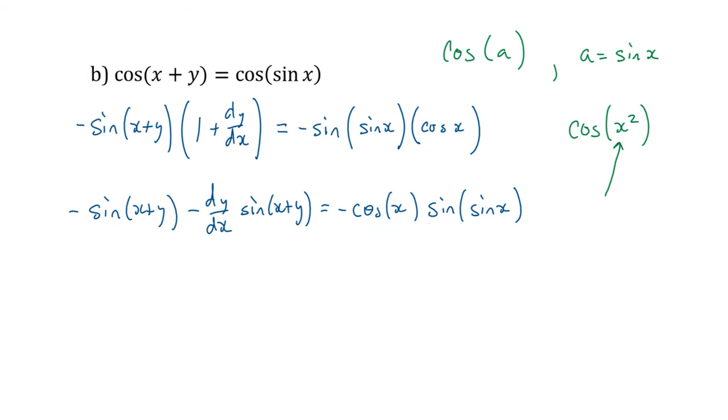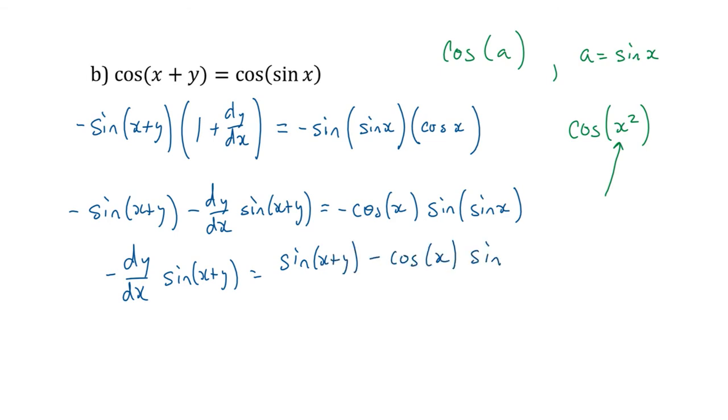And the third trig part is in the angle of one of the other trig parts. Now I can move the negative sine of x plus y to the other side, and I get negative dy by dx sine of x plus y equals, negative, or sorry, I'm going to start with the sine of x plus y minus cos of x sine of sine x.